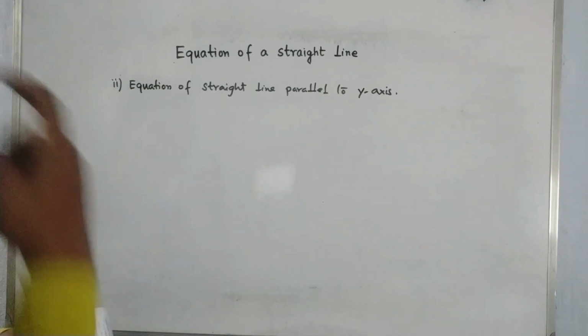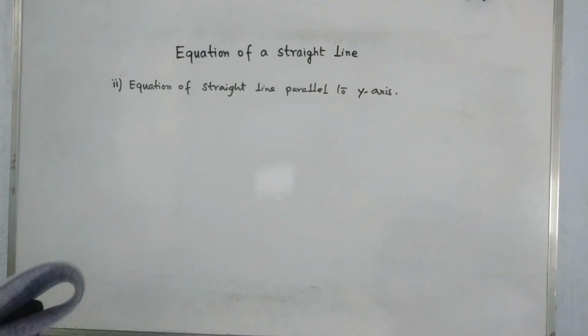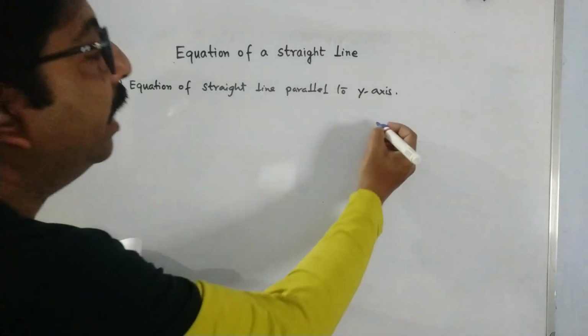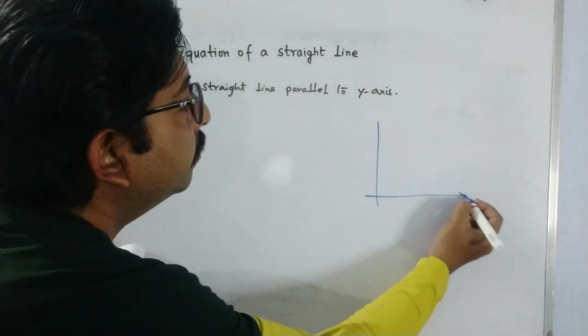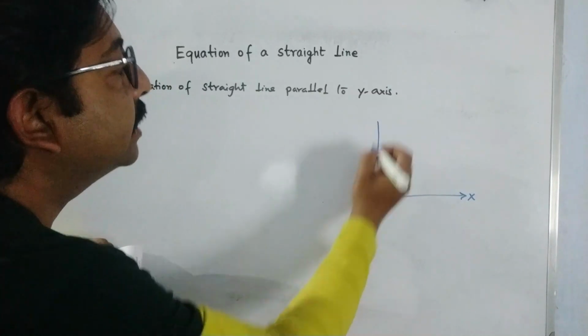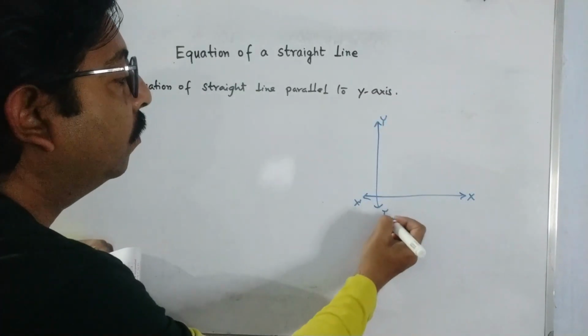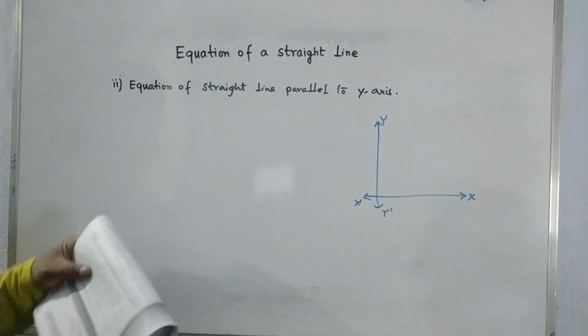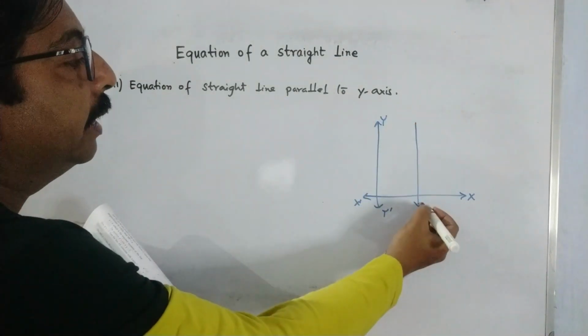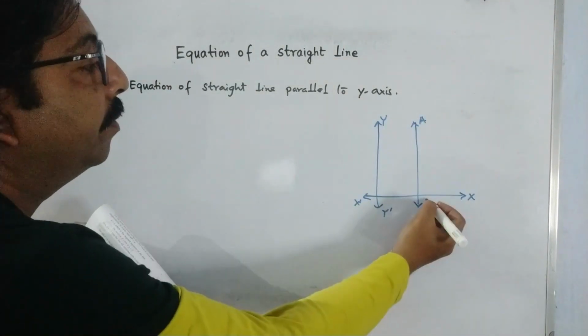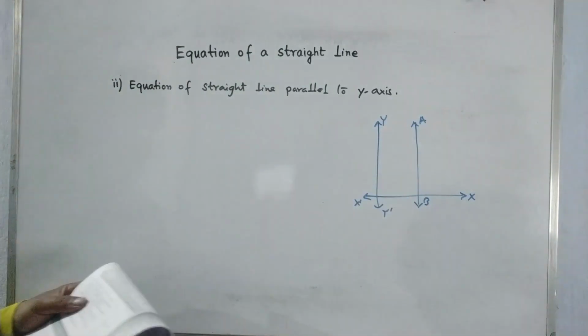Now, equation of a straight line parallel to the y-axis. In the same way, we draw the coordinate system x, x dashed, y, y dashed, and a straight line segment AB parallel to the y-axis.